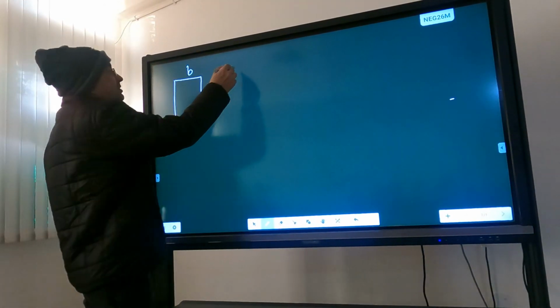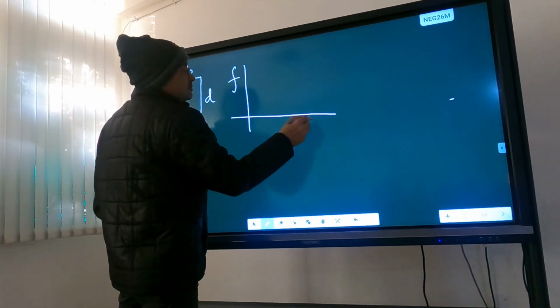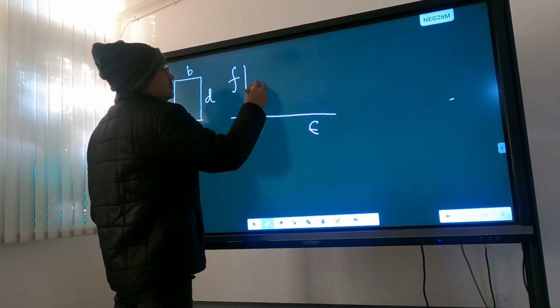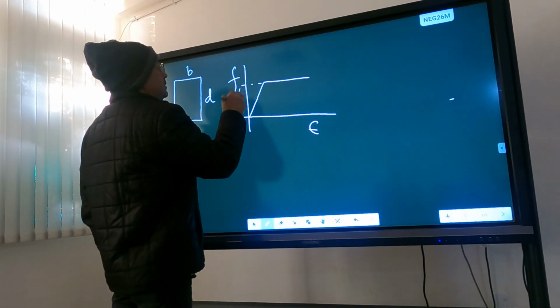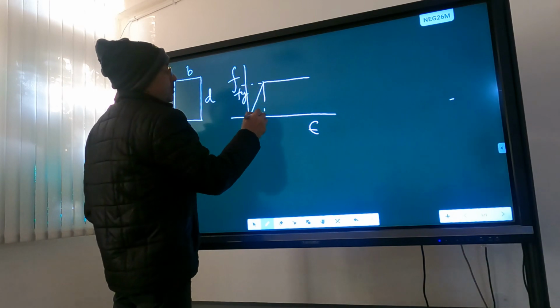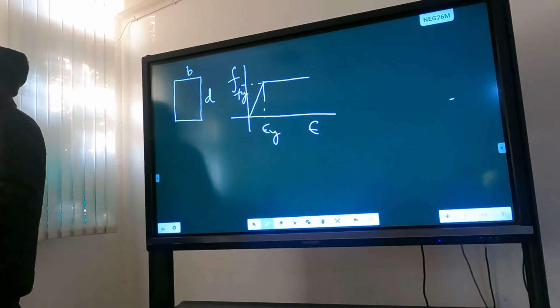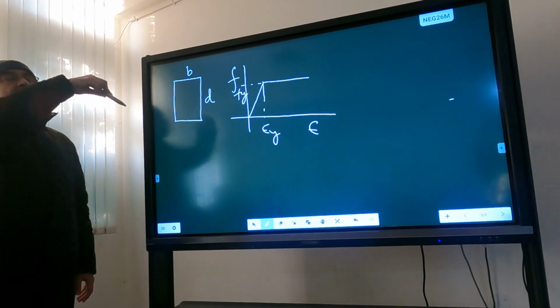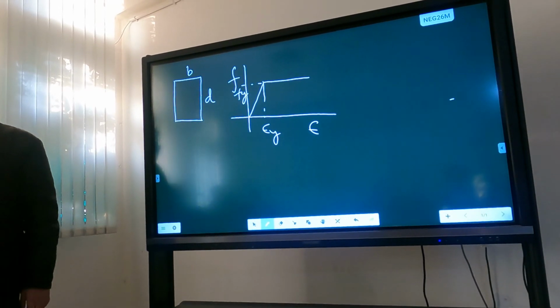The stress strain curve also we are taking very simple. So let us say this is Fy, this is epsilon y. So we have taken a bilinear stress strain curve. Actual curves, you know, there is strain hardening. Okay, we will consider those complications later.